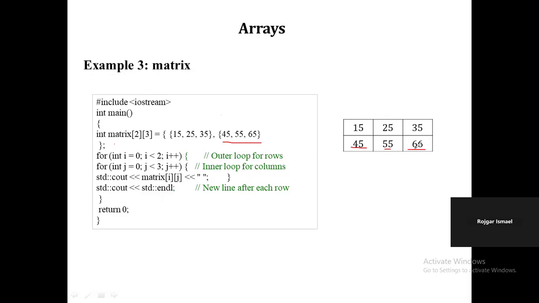Actually, this should be 65, not 66, because we declared here 65 as the second row, third column.